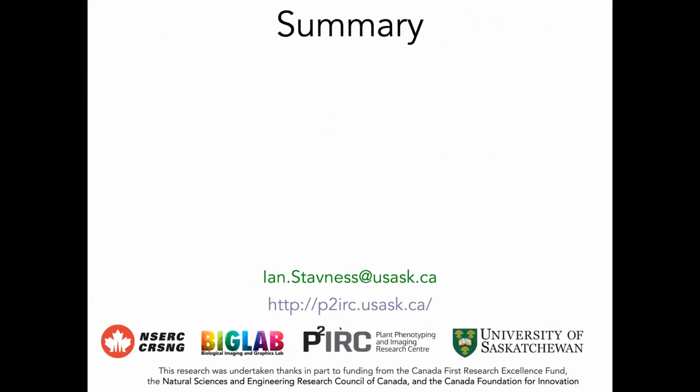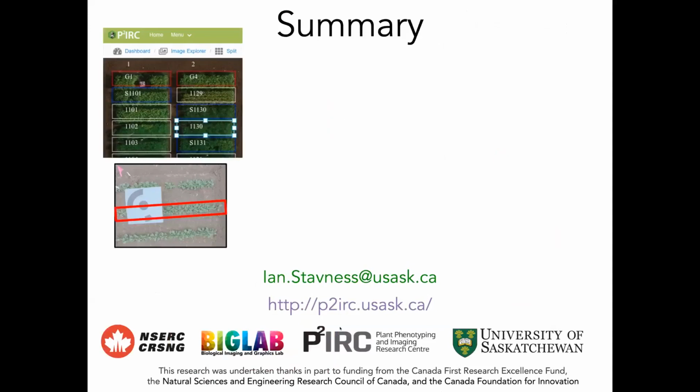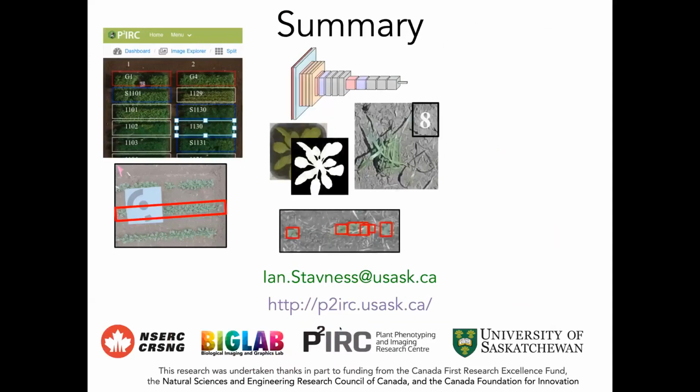So to summarize, we're building a number of tools really focused on outdoor imaging, both for aerial and what we would call inexpensive ground-based platforms to extract per plot or per row information. And then developing tailored deep learning architectures to accomplish tasks like segmentation or counting or detection.